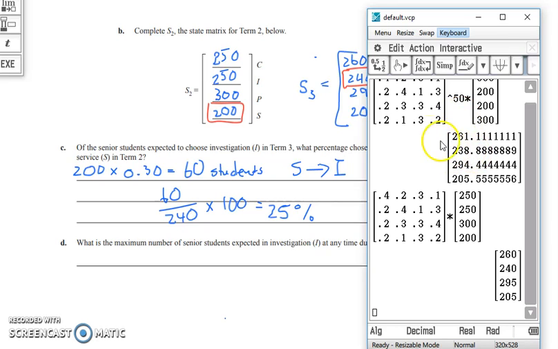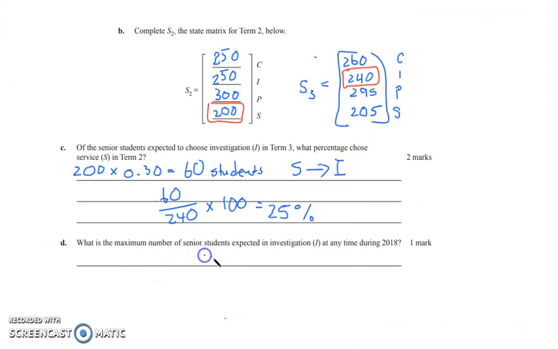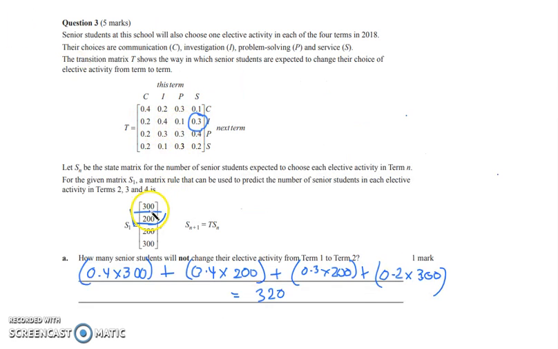A steady state for investigation would be approximately 239. So a lot of students would probably just quickly write 239. However, we're looking for the maximum number of students that did investigation. So we've got 240 here, 240 here, we've got 250 that completed it here, and at the start we had 200.